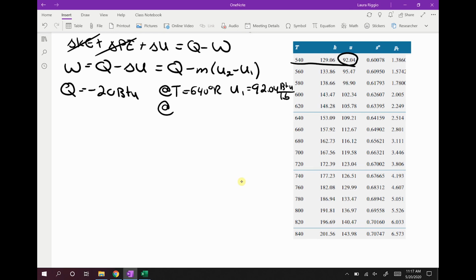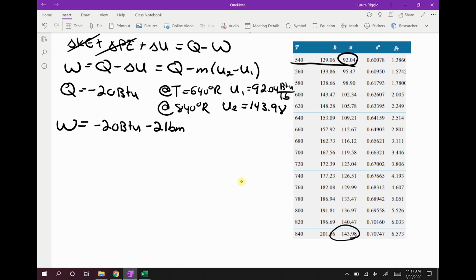And at 840 degrees Rankine, I find that my U is equal to 143.98. So my work is equal to minus 20 BTUs minus my 2 pounds times my 143.98 minus 92.04 BTUs per pound.